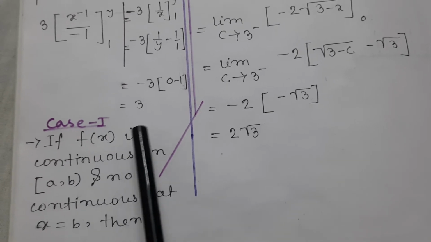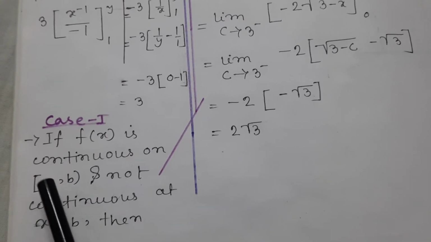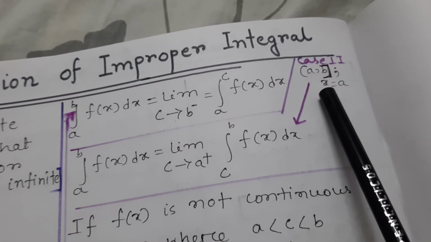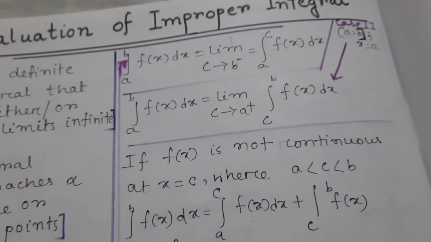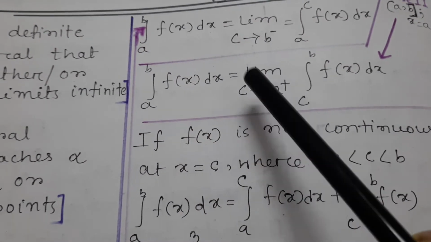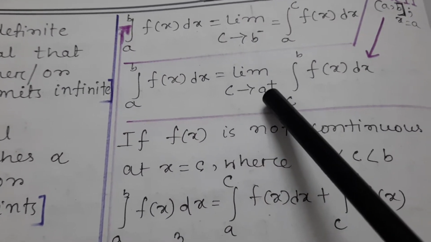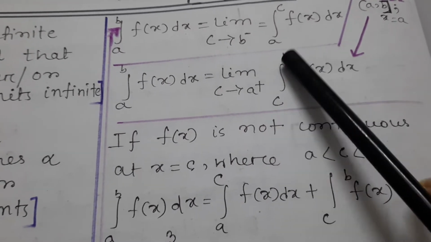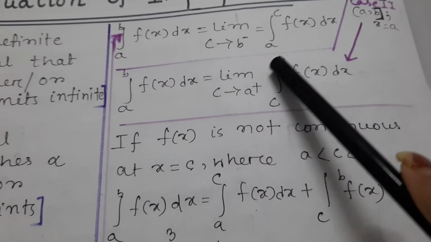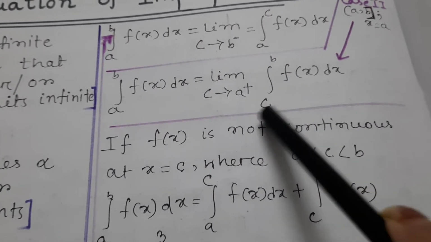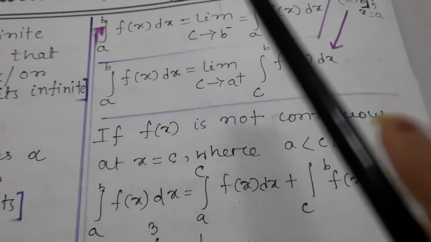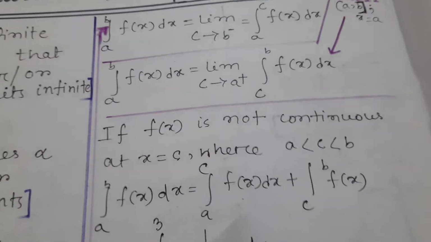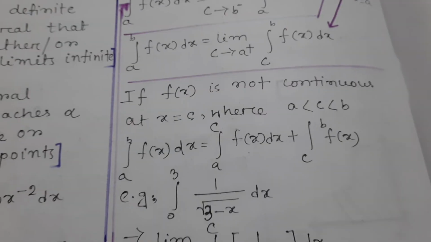If f of x is continuous on the interval (a, b], and at the point x equal to a it is not continuous, then the integration from a to b of f(x) dx is equal to the limit as c tends to a from the positive side of the integration from c to b of f(x) dx. Just replace the limit whose value is infinity, because at x equal to a the value comes to infinity. So those are the two cases I already discussed.